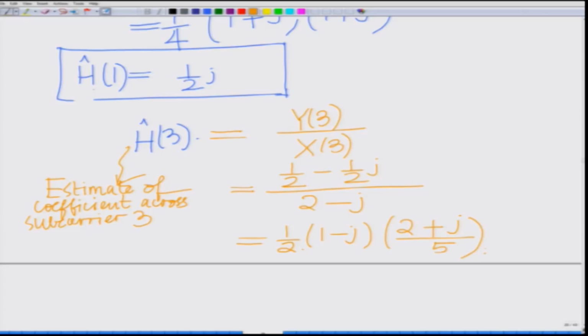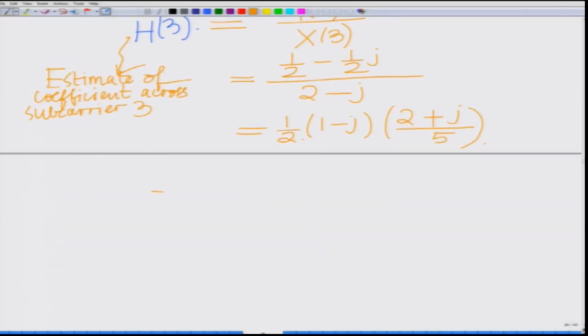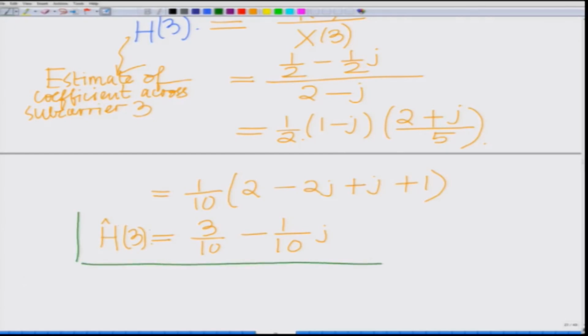You can also verify this: it is 1 by 10 times 2 minus 2j plus j plus 1, which is equal to 3 by 10 minus 1 by 10 j. So, capital H hat 3 equals 3 by 10 minus 1 by 10 j.